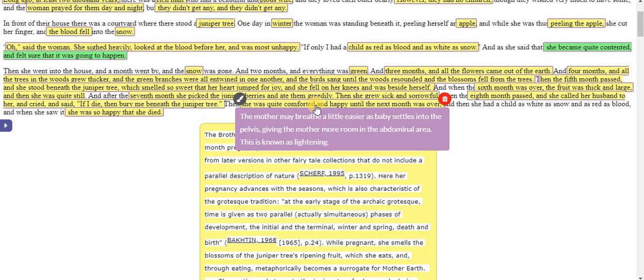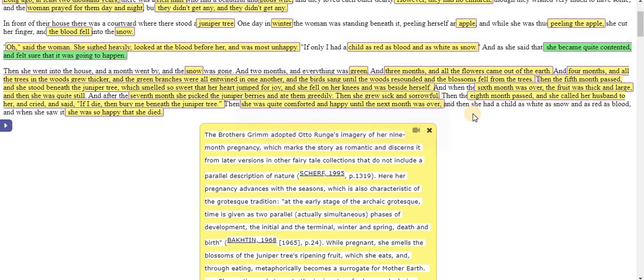Another possible reason is that during the 9th month of pregnancy, the baby descends down to the pelvis, and during this time the abdominal area of the mother is relaxed, and the woman is able to breathe a bit easier. This process is called lightening, and most women feel lightened during the 9th month of their pregnancy.